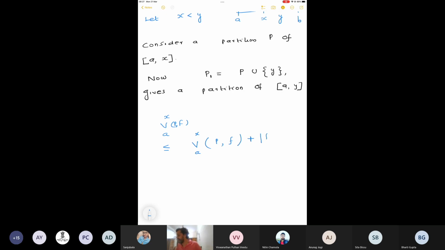And what is that term? Mod Fy minus Fx. This is being added. Okay. And can you identify what is the quantity in the right hand side? You have AX and you have AY. Can you identify what is appearing in the right hand side?